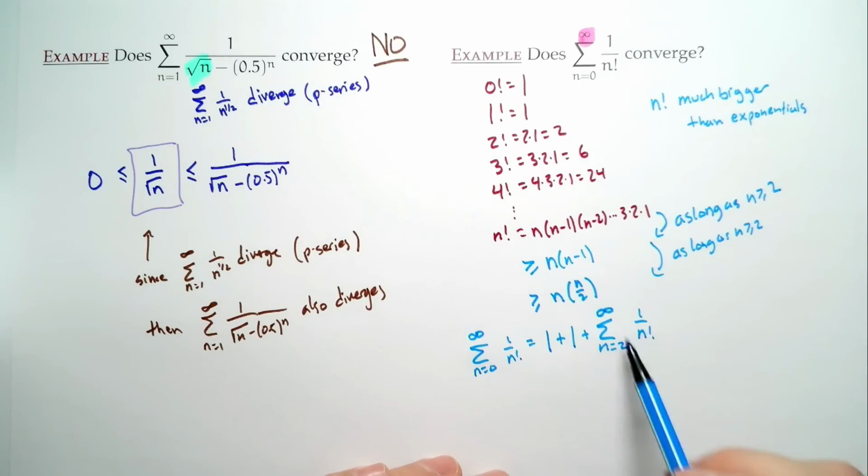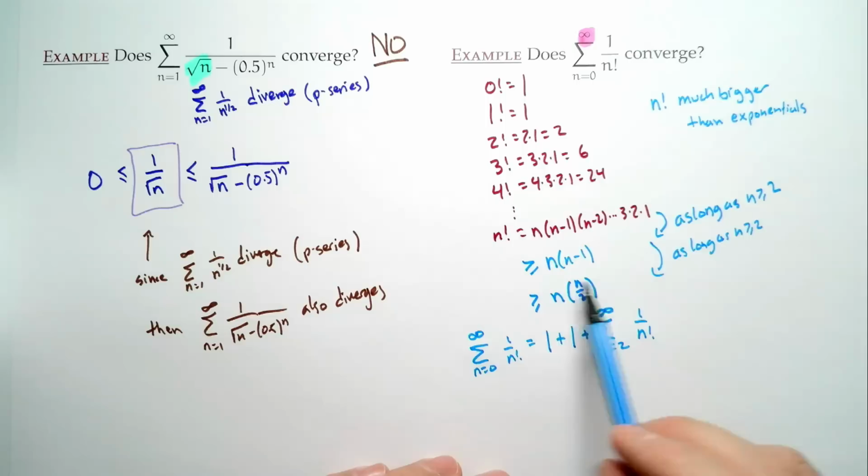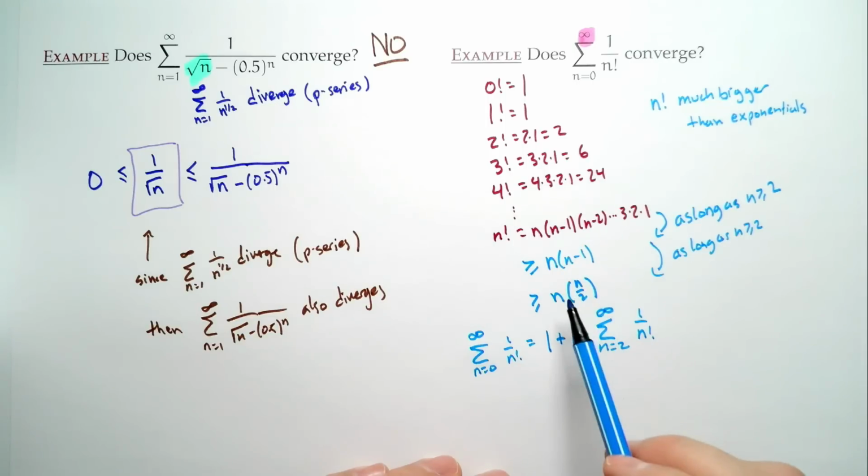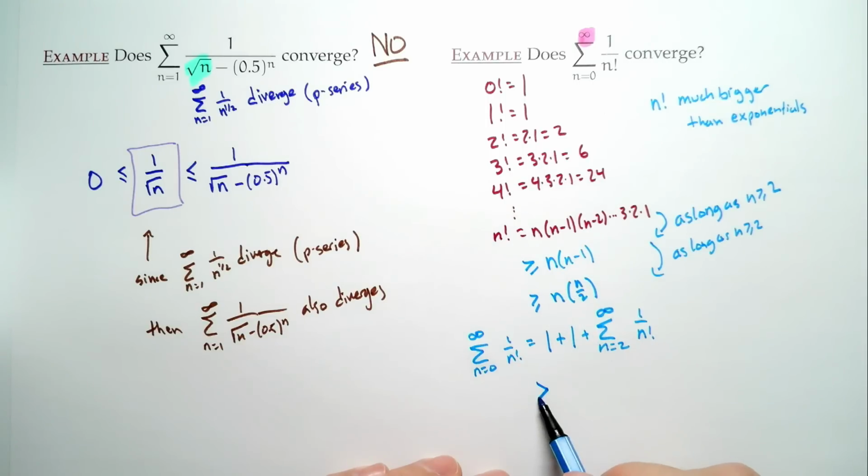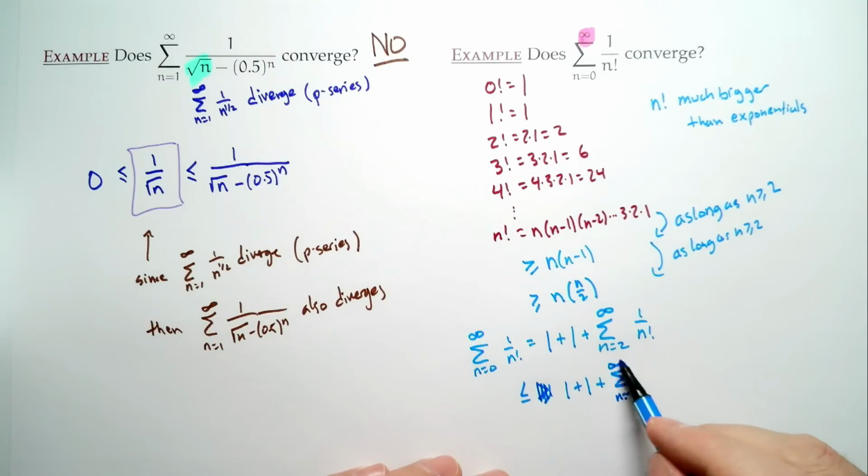So I can replace the 1 over n factorial by this n squared over 2. So this is less than or equal to, got to get my signs right, because we're flipping, 1 plus the sum from n equals 2 to infinity, and when we flip, it'll be 2 over n squared.